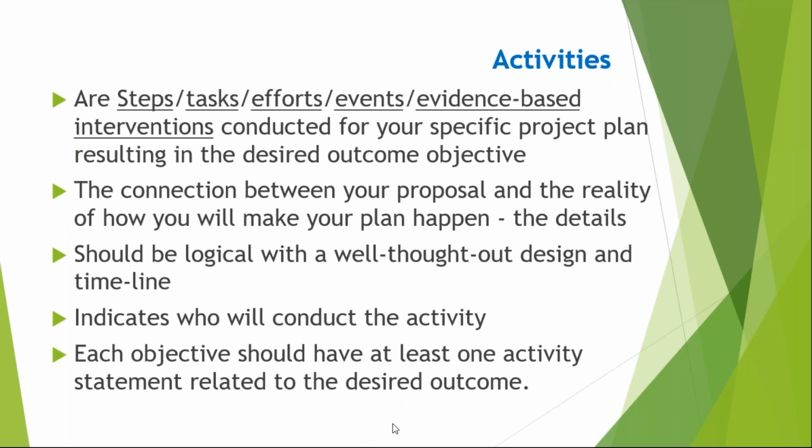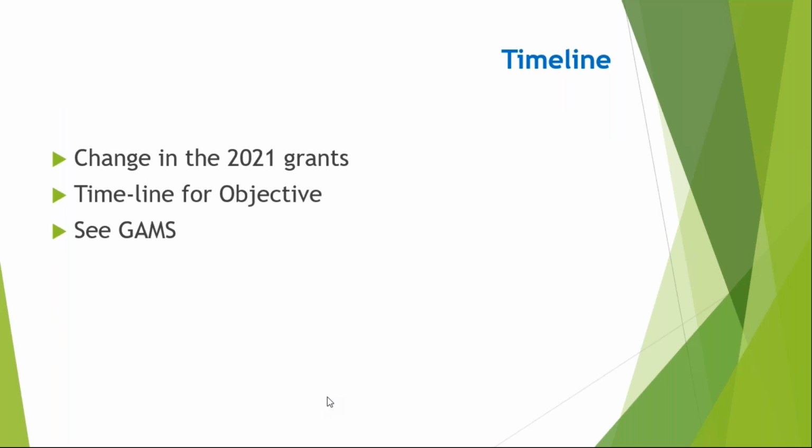Now, I personally think you're going to have more than one activity, because if you've got an outcome that you're trying to accomplish or make change in 12 months, you're going to be doing more than one activity to get that accomplished. If you attended this morning, you'll see, and we're going to get to that in a minute, that the GAMS application allows you to put as many activities as you want.